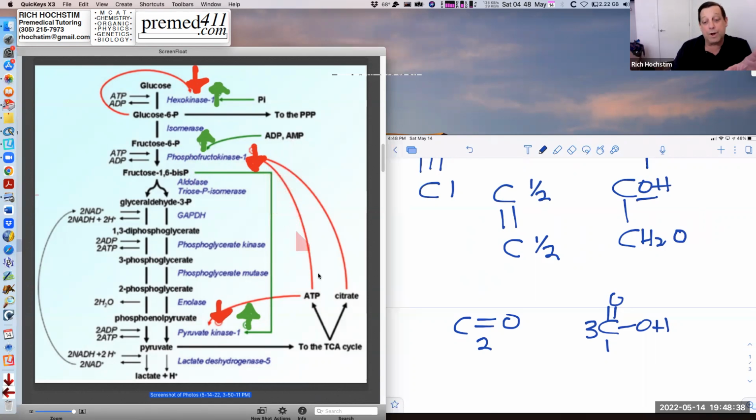Now, if we look here from the Krebs cycle, the Krebs cycle is going to make ATP. And when it makes ATP, it's also going to use citrate. Citrate is the first molecule that's made after we add the acetyl-CoA. So if we have a lot of citrate and a lot of ATP, we're going to downregulate the enzyme phosphofructokinase because we don't want to make more than we need.